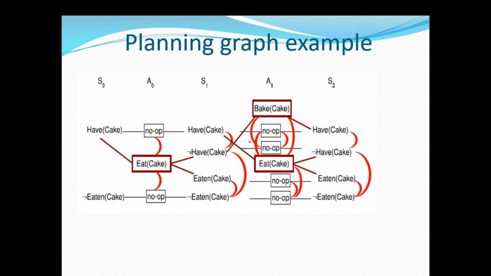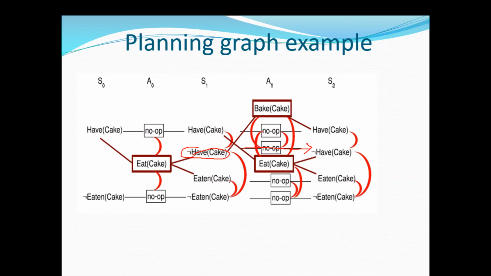So here, bake cake and no operation cannot happen simultaneously, because if you don't have cake, either you can continue with no operation and continue with not have cake, or you have to bake the cake. Any one of them only can happen, both cannot happen, right?